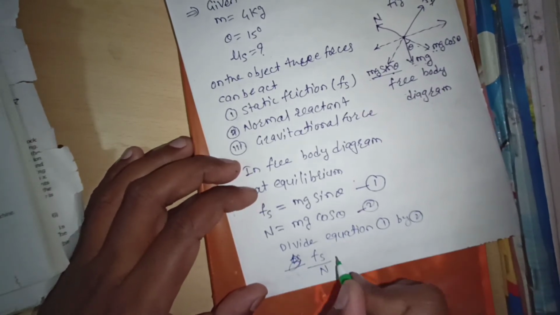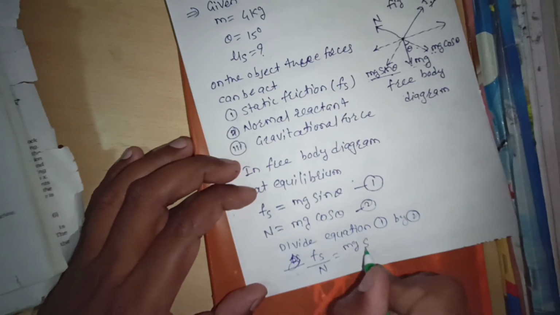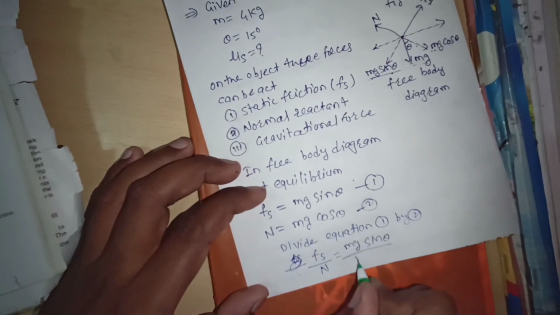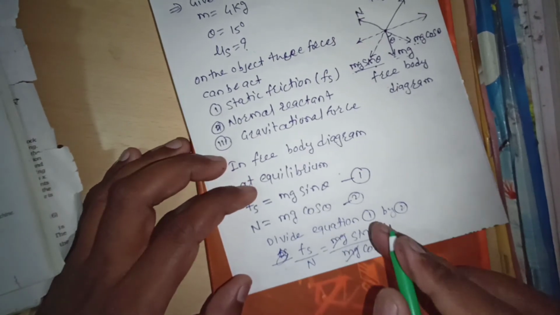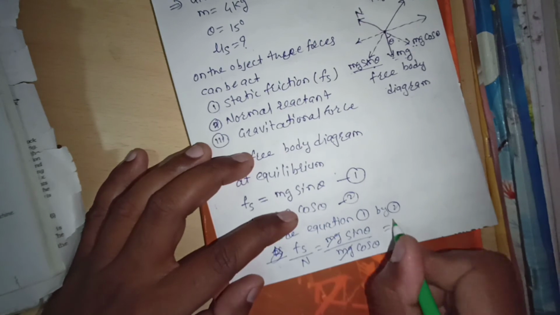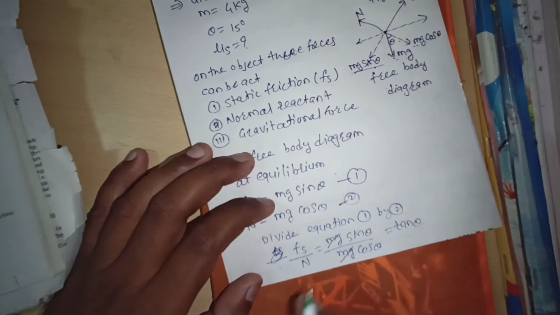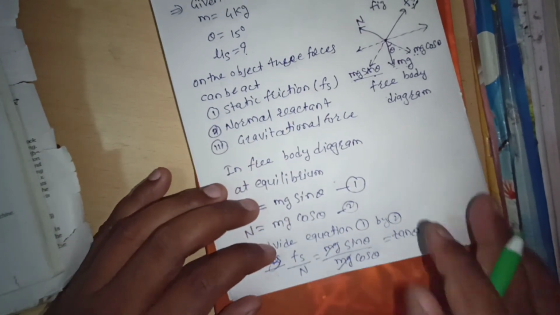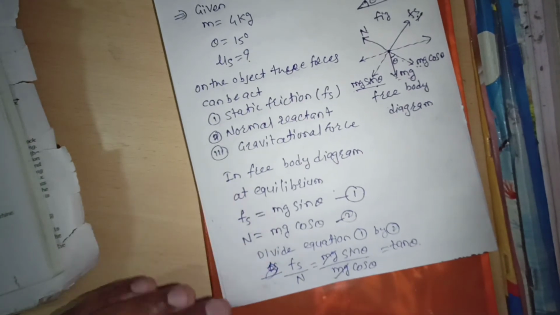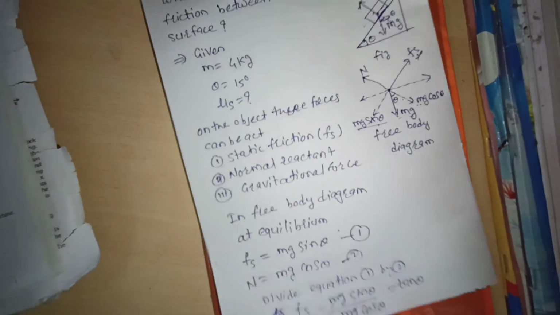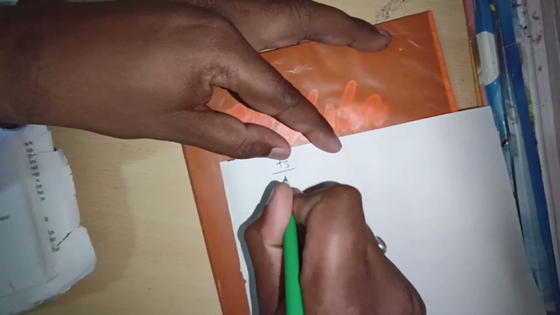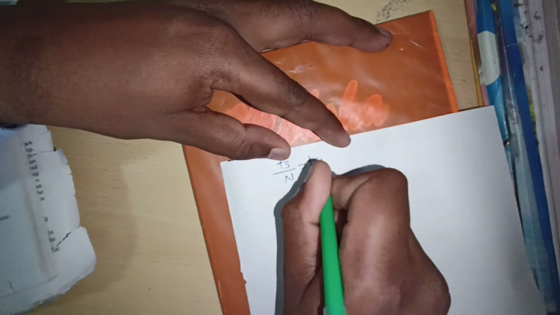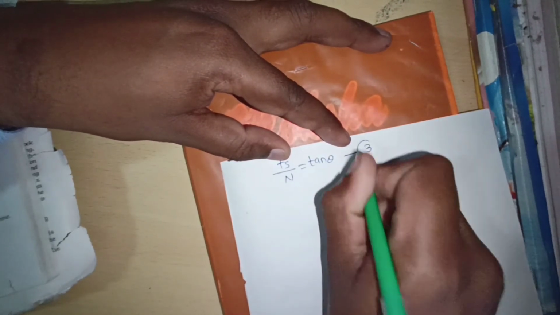Fs by N is equal to mg sin theta divided by mg cos theta. The mg cancels, and sin theta divided by cos theta is tan theta. So Fs by N is equal to tan theta. This is equation number 3.